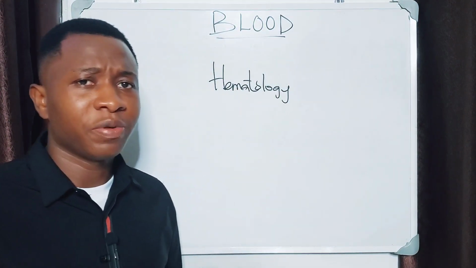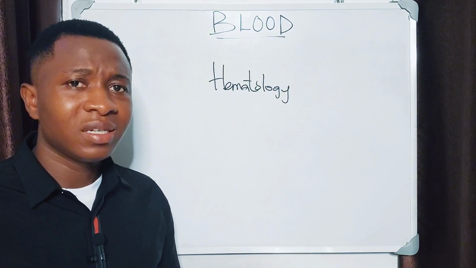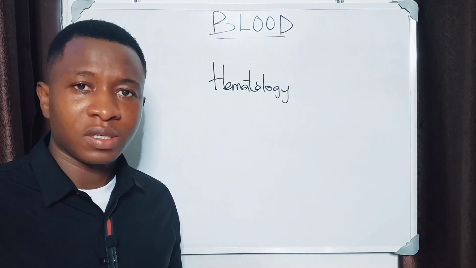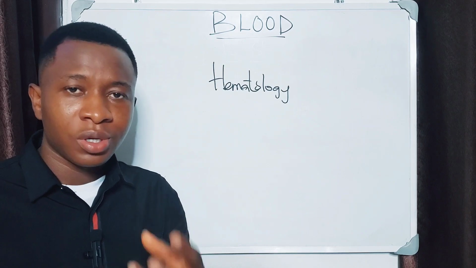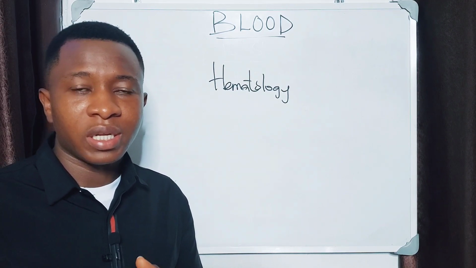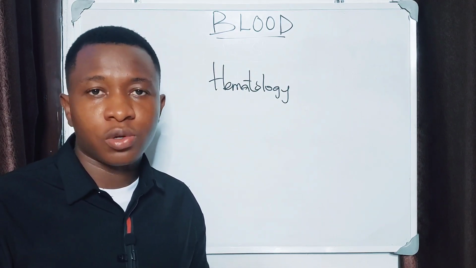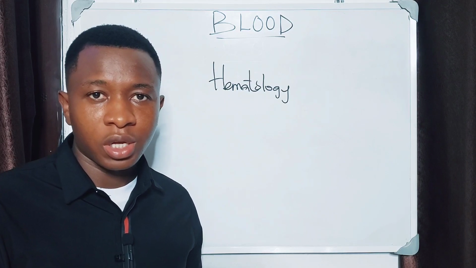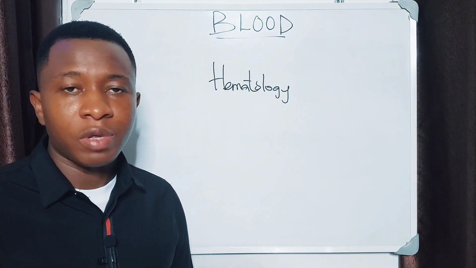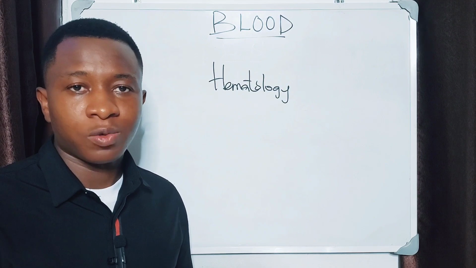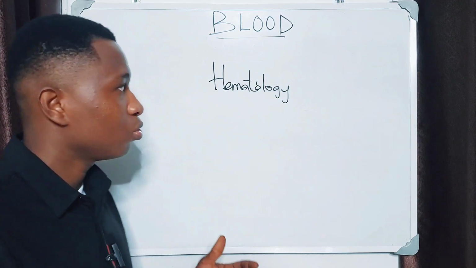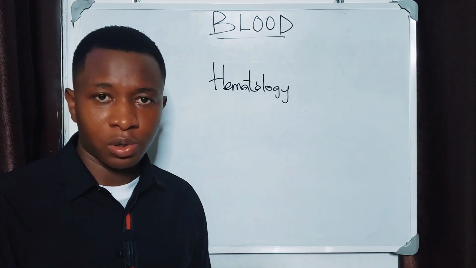All right, so like I said before, in the blood you can find a lot of things, and the blood tells the health status of a particular individual. If you're sick, most of the times when you go to the hospital, you are often asked to produce blood.